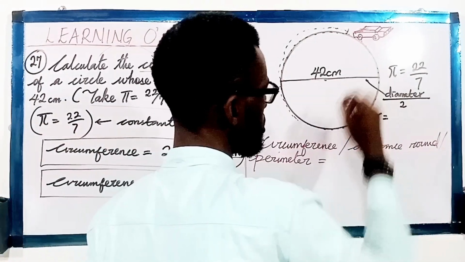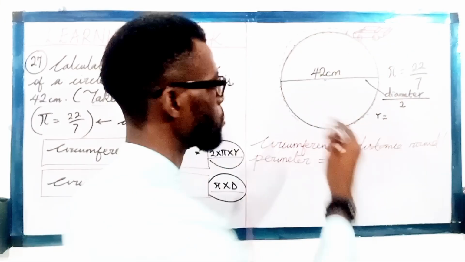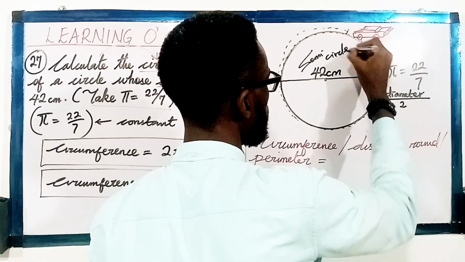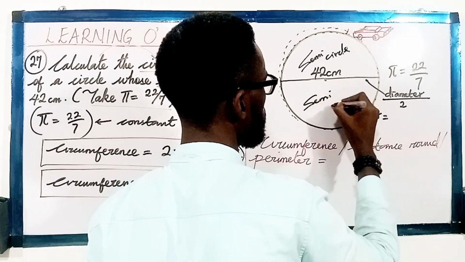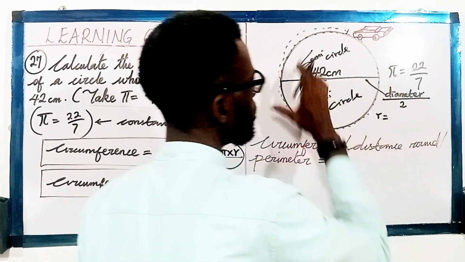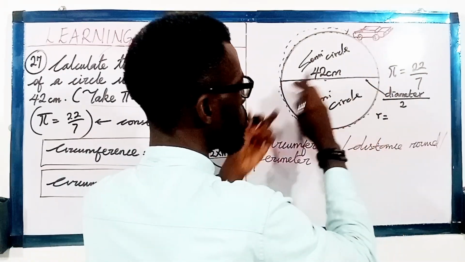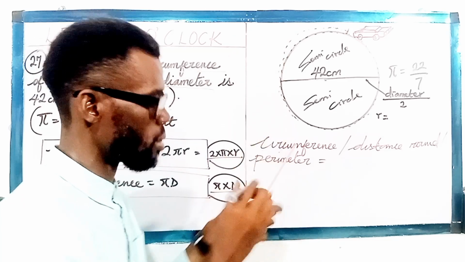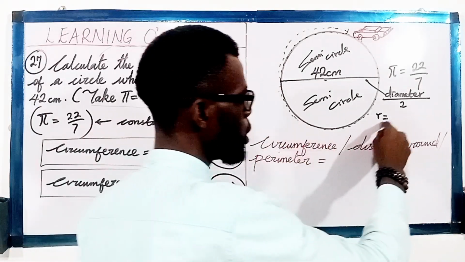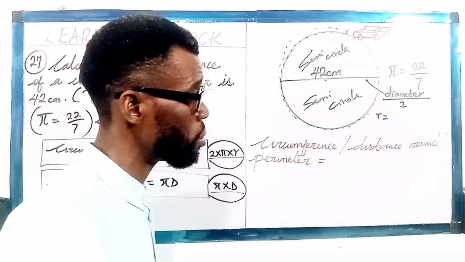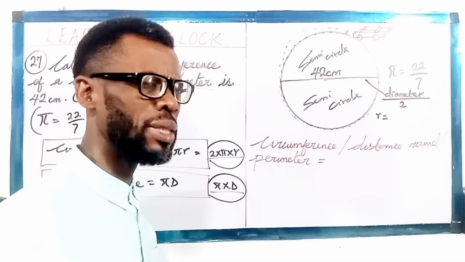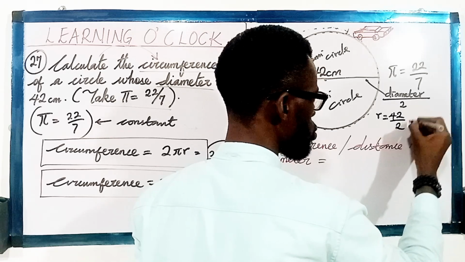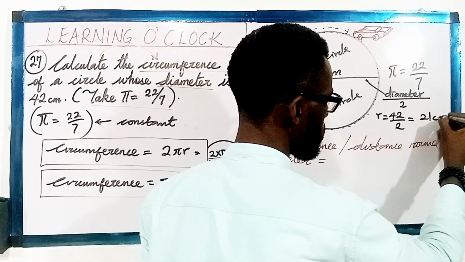This diameter becomes a semicircle, since a diameter cuts a circle into two equal parts. So back to this, radius is equal to, what do you think? 42 divided by 2, so that's equal to 21 centimeters.